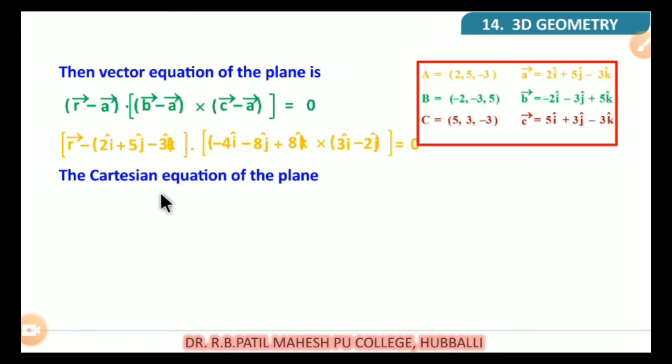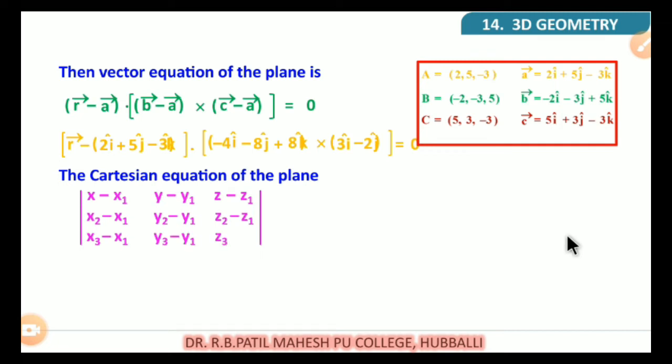Now we can find the Cartesian equation of the plane. So we have the determinant form: x minus x1, y minus y1, z minus z1 in the first row. Similarly, x2 minus x1, y2 minus y1, z2 minus z1 in the second row, and x3 minus x1, y3 minus y1, z3 minus z1 in the third row.